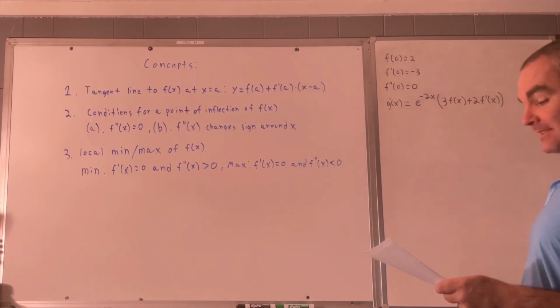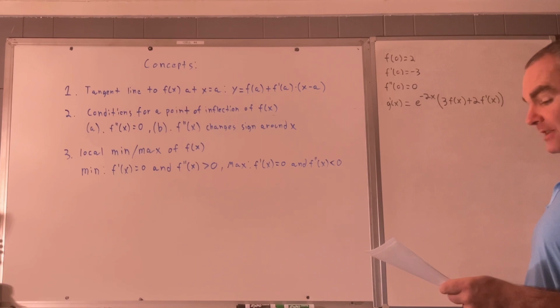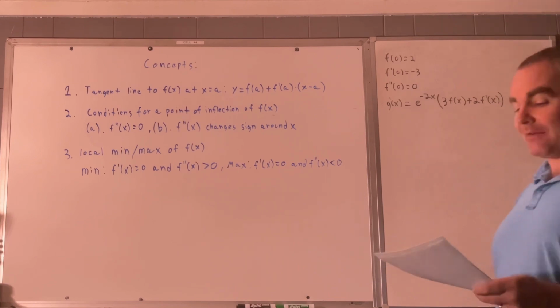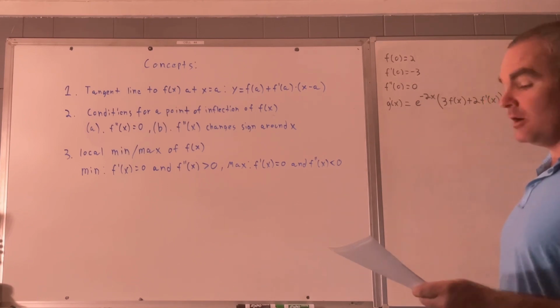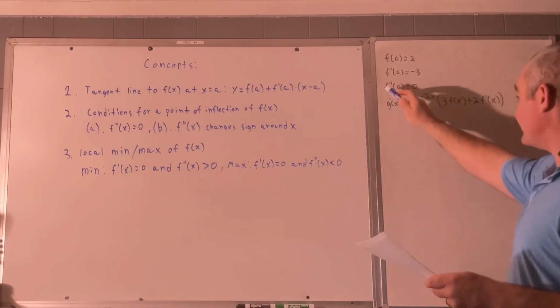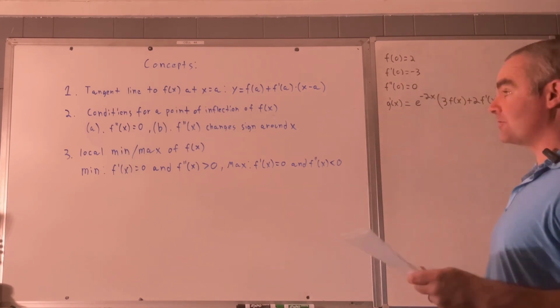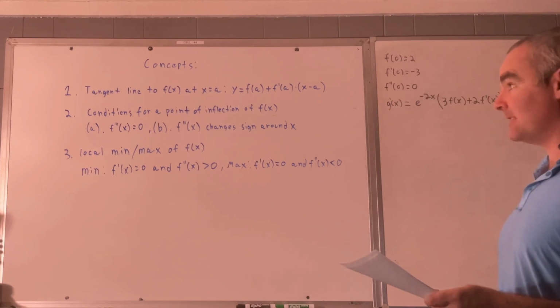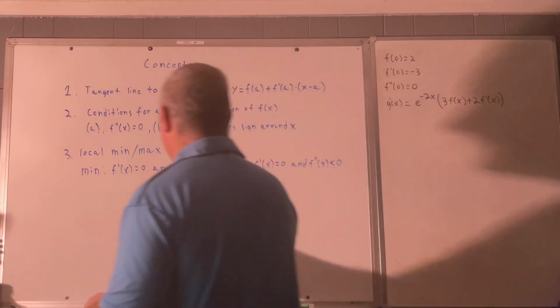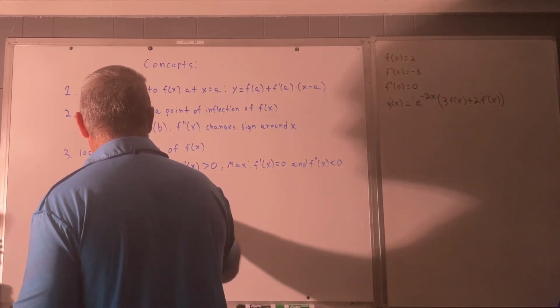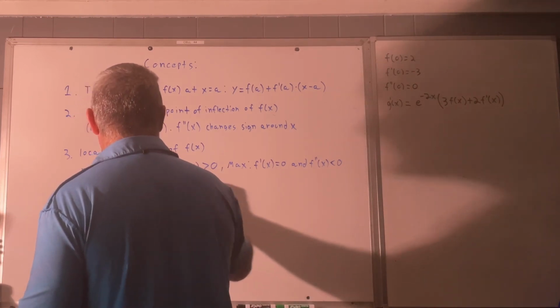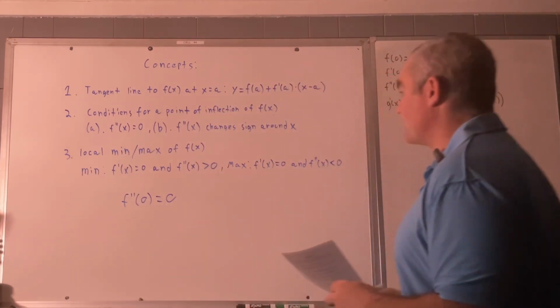It asks us, is there sufficient information to determine whether or not the graph of f has a point of inflection when x is equal to 0? Well, yeah, it gives us f double prime of 0 is equal to 0. So yeah, the first condition is met. F double prime at 0 is equal to 0. So yes, the first condition is met.